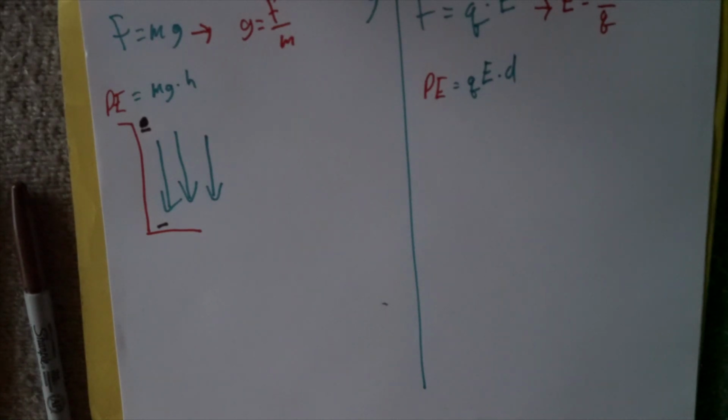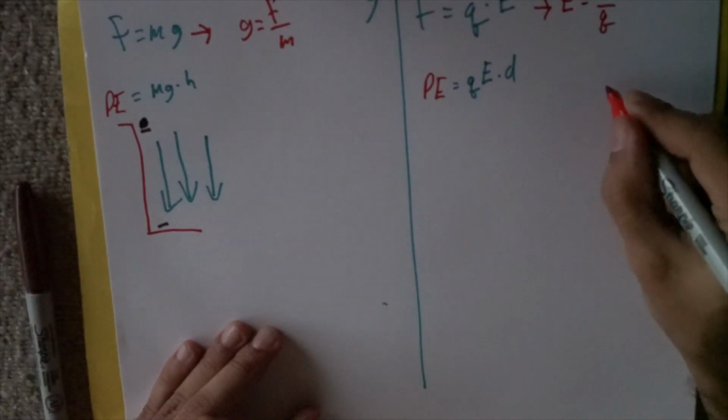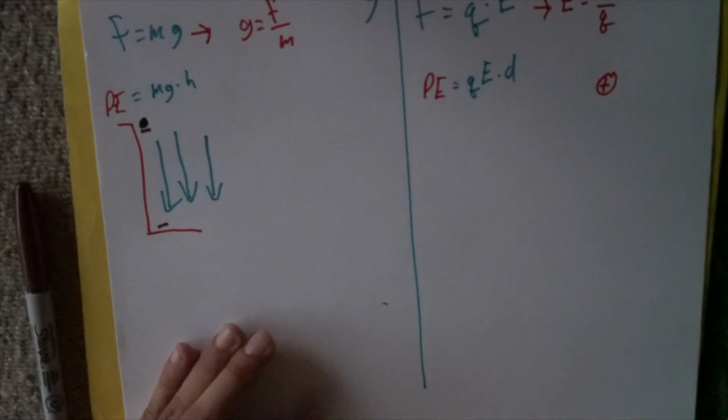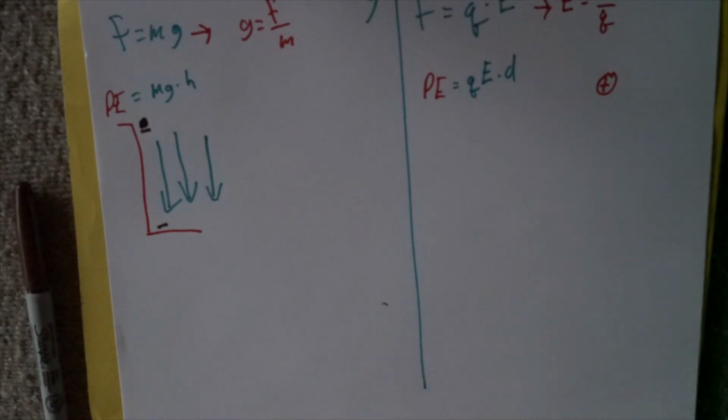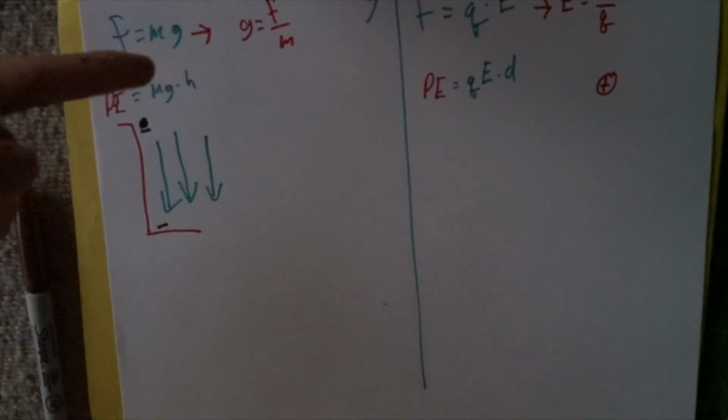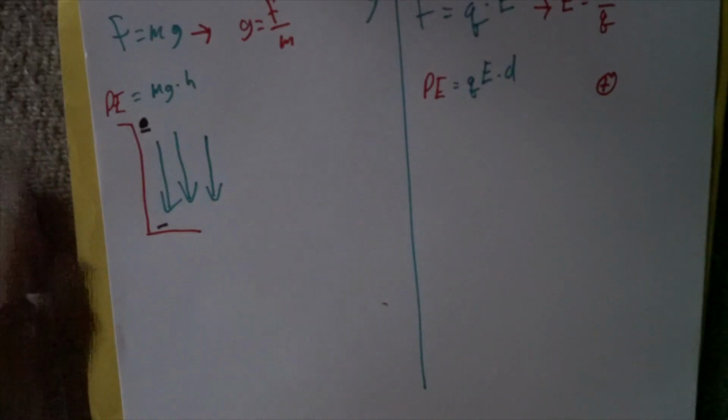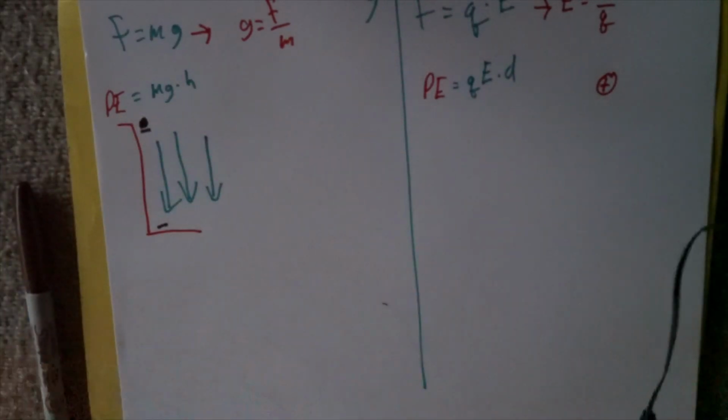electric potential. However, before I get into the potential energy again, let us go over the electric field. So this is 7th grade stuff. So if I have a proton, is the electric field going to want to go into it or go out of it? Is it going to want to end there or start there?